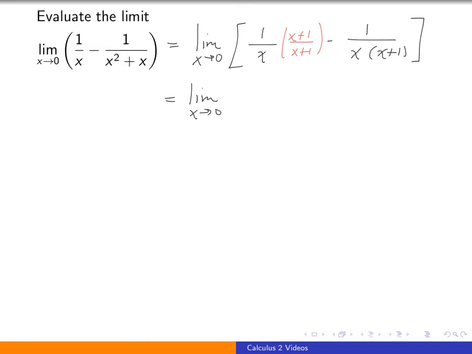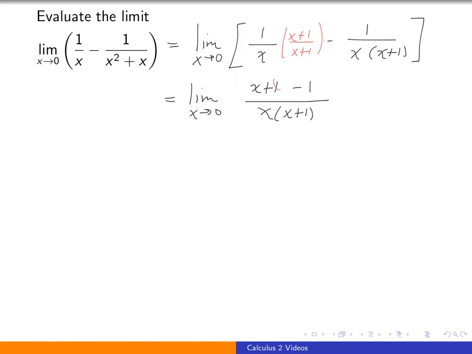And what we really want to do is get to that point where we can use our limit laws. We now have the limit as x approaches 0. We're going to have a single fraction with denominator x times x plus 1. In the numerator, we'll have an x plus 1 from the first fraction and a minus 1 from the second. And now we just go ahead and cancel.